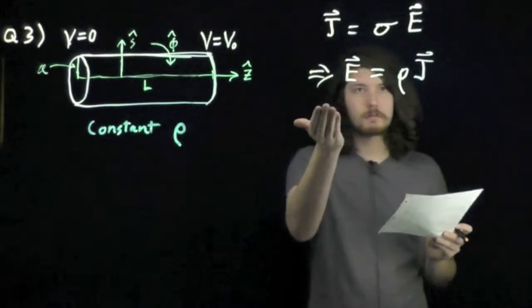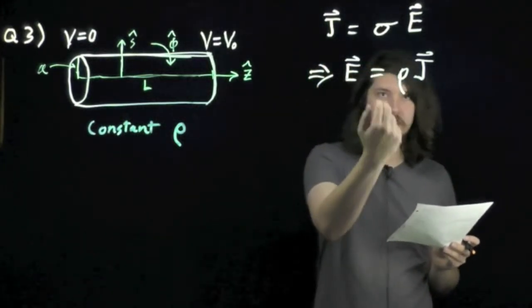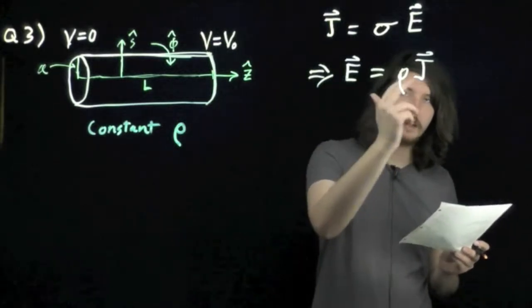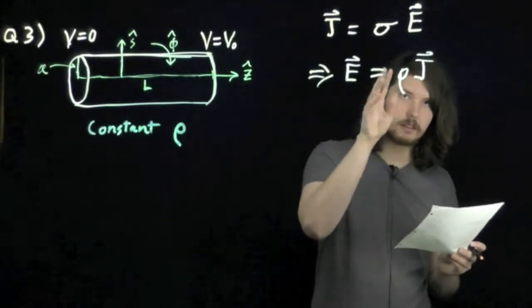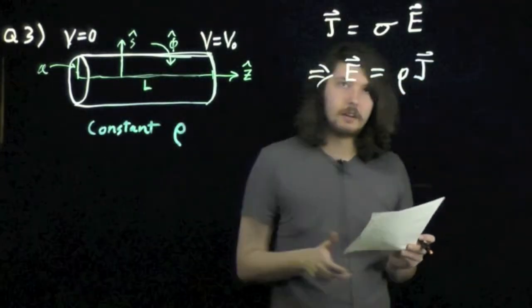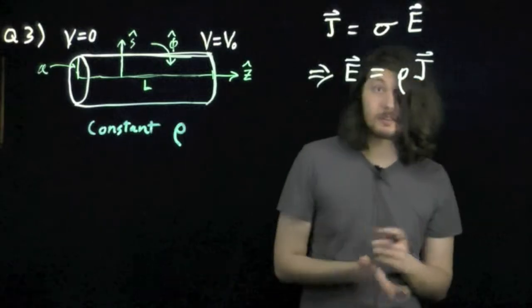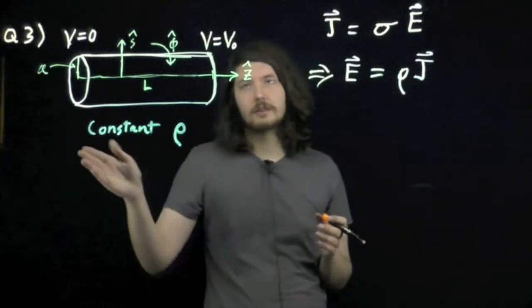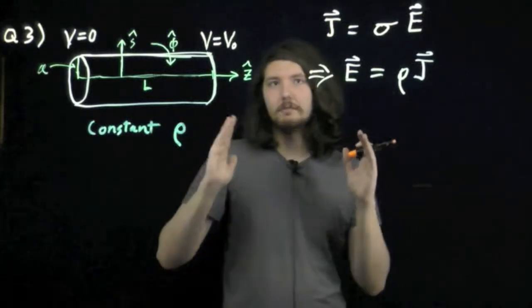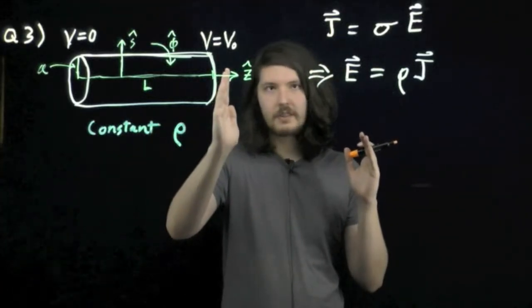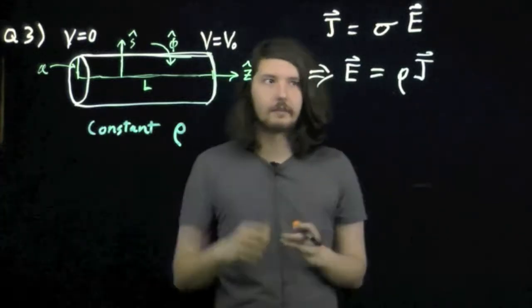Okay, we have this electric field which is equal to some constant of resistivity times the current density in this wire. So do we know these quantities? As it turns out, we do, because for this case, the E field is simply the voltage over the length of wire.